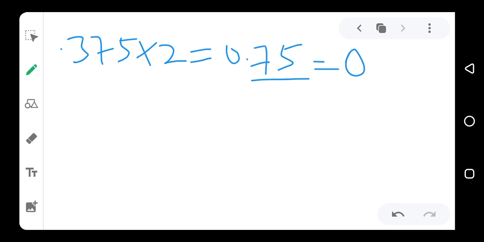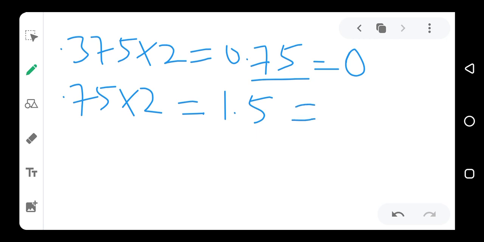Now we have 0.75 multiplied by 2, which is going to give us 1.5. We write the whole number, which is 1, and we carry 0.5.